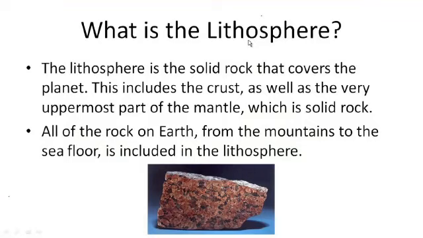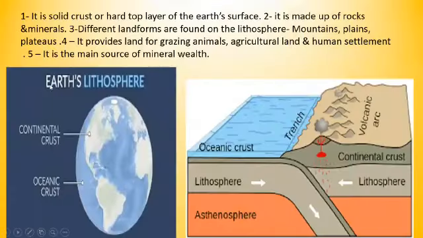In the natural environment, the first part is the lithosphere. Lithosphere is the solid rocks that cover the planet. It is the solid crust or hard top layer of the Earth's surface, made up of rocks and minerals. Different landforms you can see on it are mountains, plains, plateaus.